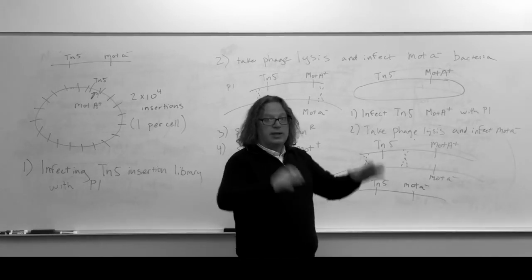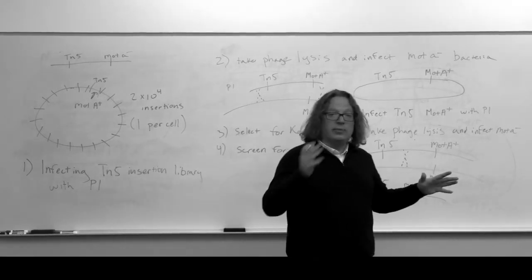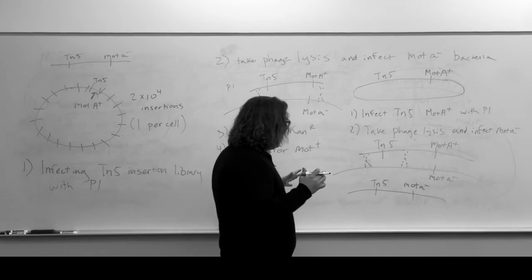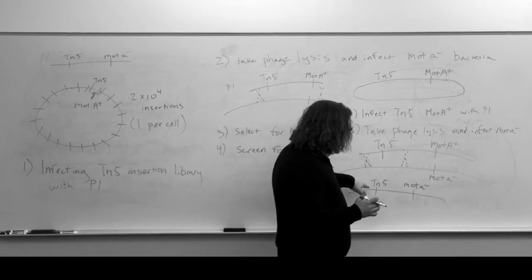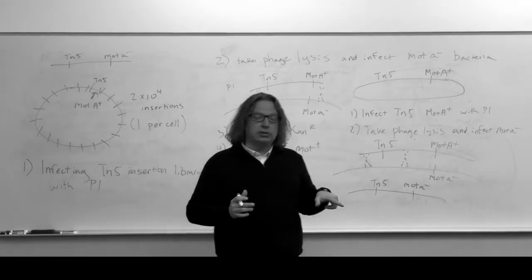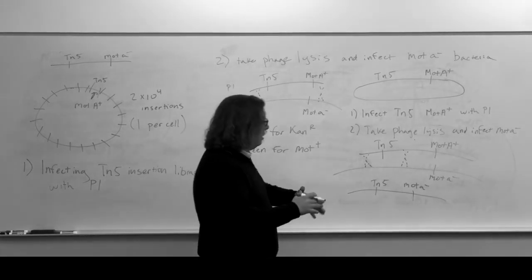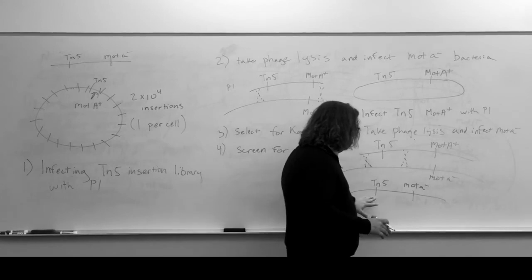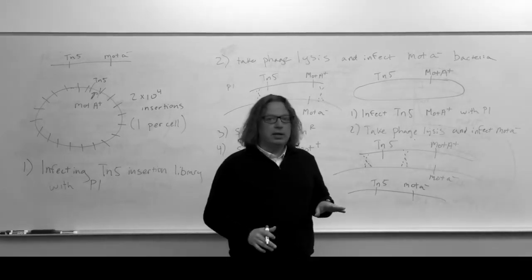Right? So say we have some mutant in a target cell, we want to know what it is, we can actually map it essentially by localizing it next to a TN5 insert. So we know that we've introduced this proximal to a mutation of interest, and so the mutation has to be near TN5.